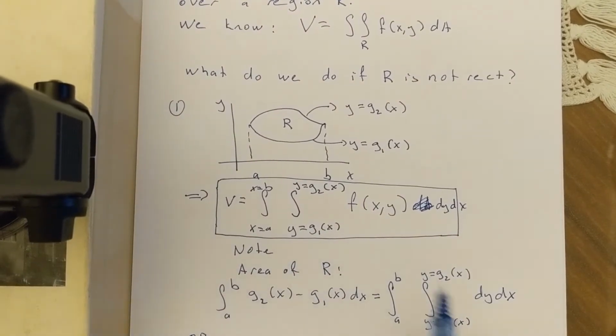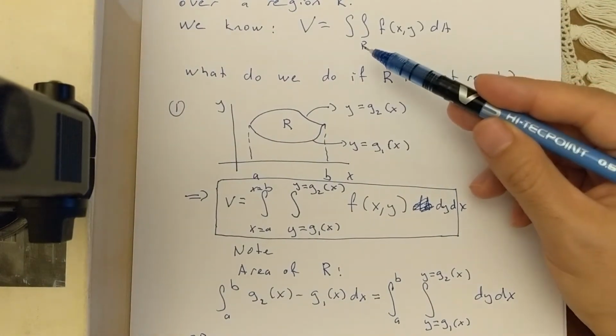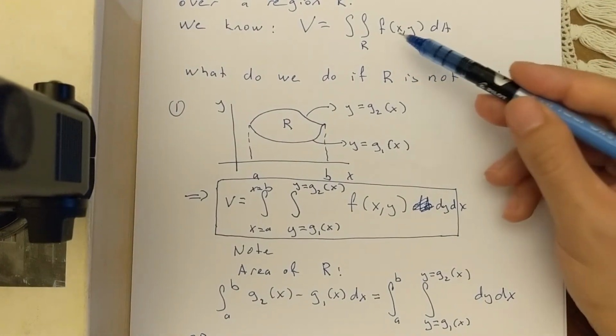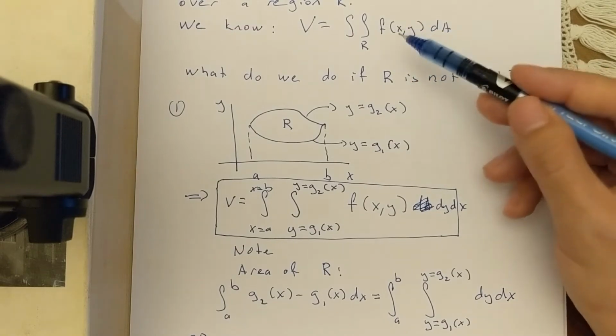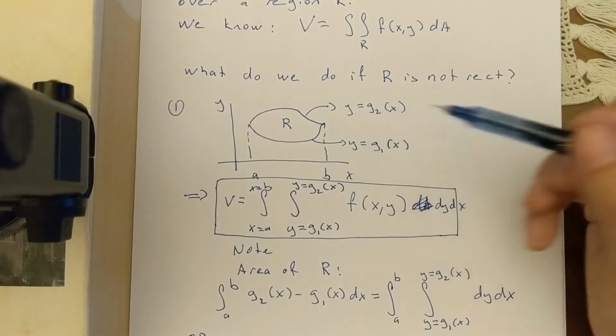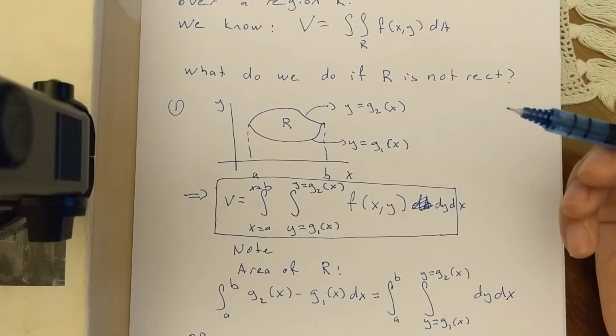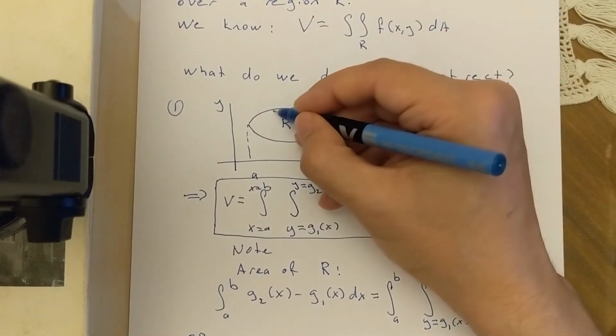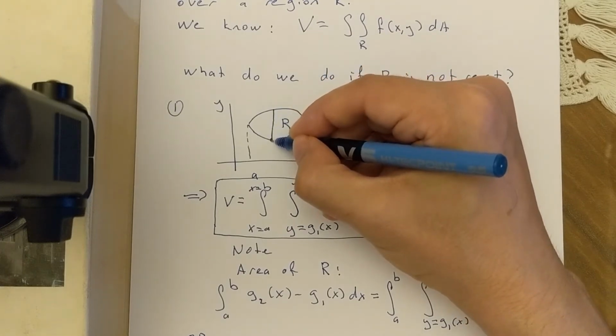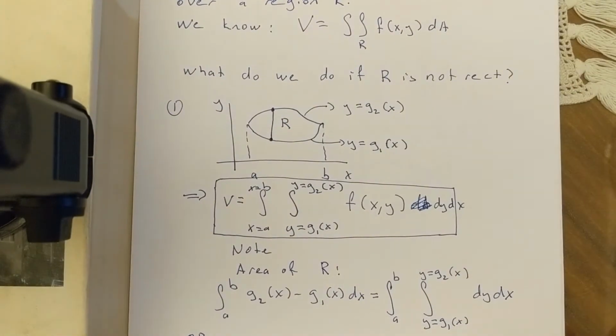So this double integral over the region R of the function f of x, y, what is that equal to? Well, what that is equal to is very simple. I'm going to do vertical cross sections first. So I'm going to look at this vertical line.